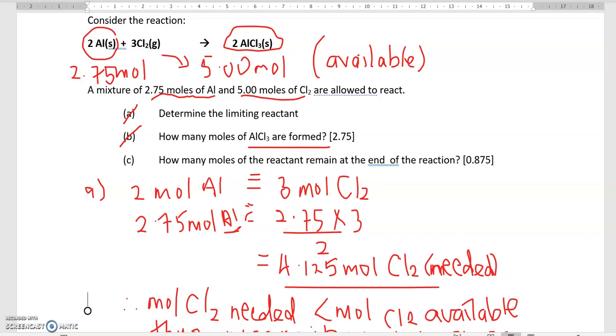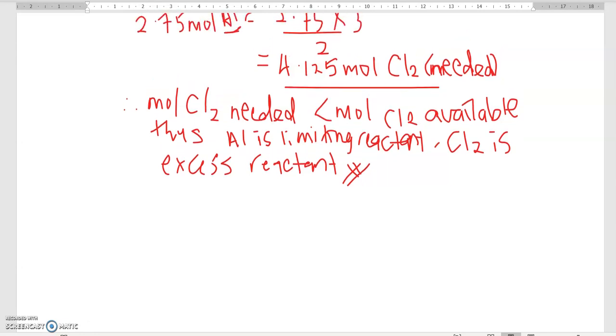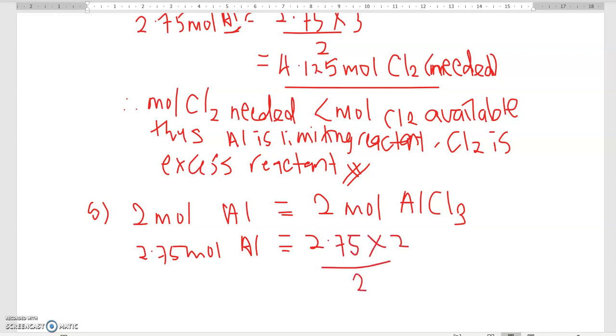So 2 mole of AlCl3, from the equation, 2 mole aluminium can produce 2 mole AlCl3. So available mole aluminium is 2.75 mole. So therefore I can find 2.75 times 2 over 2.